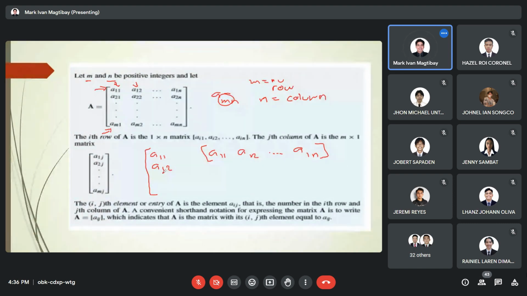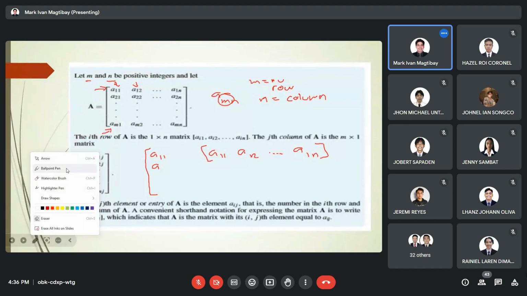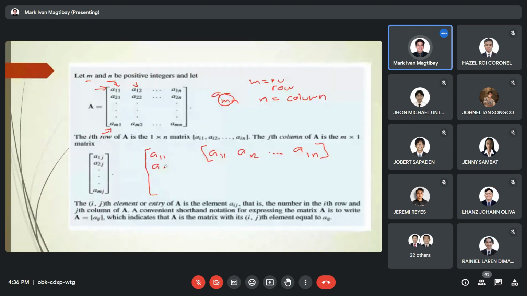This would be A12 dahil second row na nga. Ay hindi pala. This is A21. Sorry. This is A21. A21 up until AM1 po.